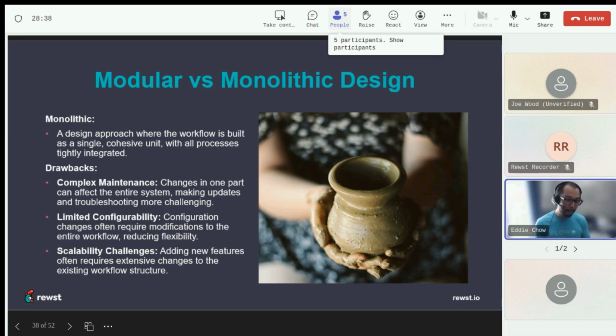One of the aspects of a monolithic design, because it's one single unit, is that everything is very tightly coupled, tightly integrated, or tightly dependent on each other. As we see in our workflows, everything is connected along the way. When we think about building monolithically, oftentimes the analogy is building with clay or Play-Doh, right?